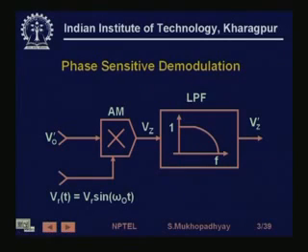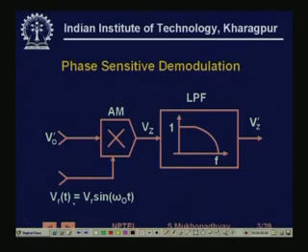Exactly this is what is being done here. You see that this is the modulated signal from the bridge, let us say, or from an LVDT, and we are multiplying it by the same sin(omega_0 t), where sin(omega_0 t) is either the primary excitation frequency of the LVDT or the excitation frequency of the bridge.